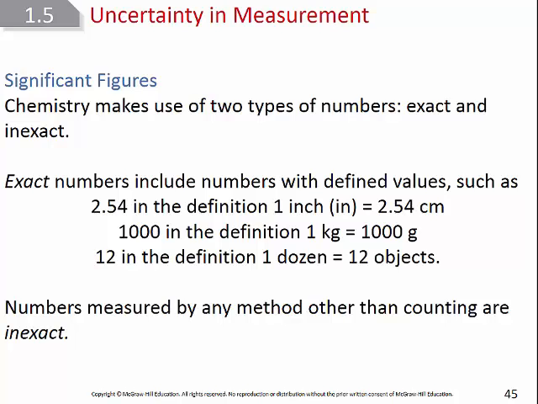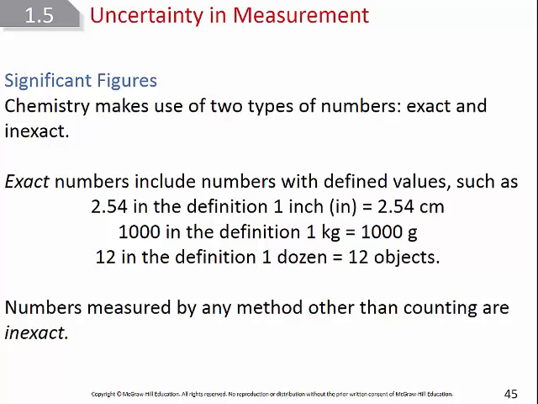For example, if I said there are 365 days in a year, well, how do we know that? Is a year defined as 365 days? No, actually a year is defined as the length of time it takes for a specific occurrence to be completed. Here on planet Earth, 1 year is how long it takes the Earth to revolve around the sun.